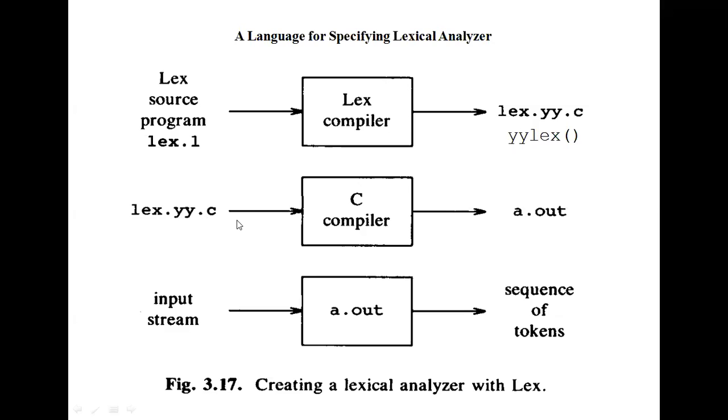Finally, the compiler compiles the generated lex.yy.c and produces an object program a.out. And when some input stream is given to a.out, the sequence of tokens gets generated.